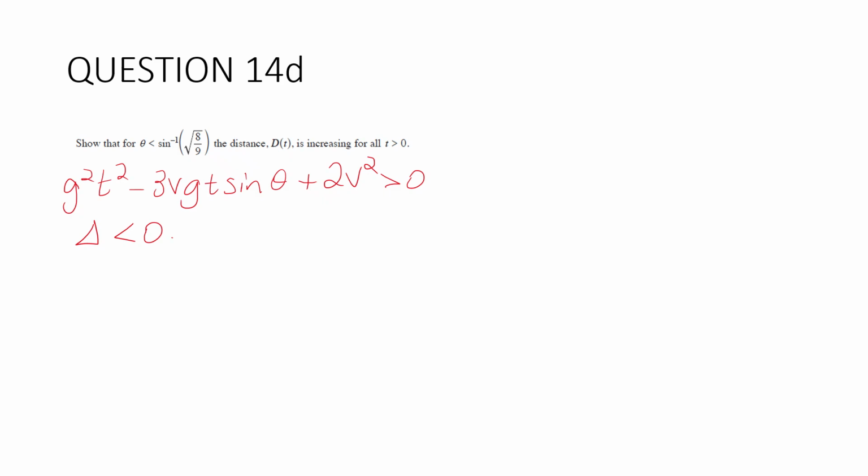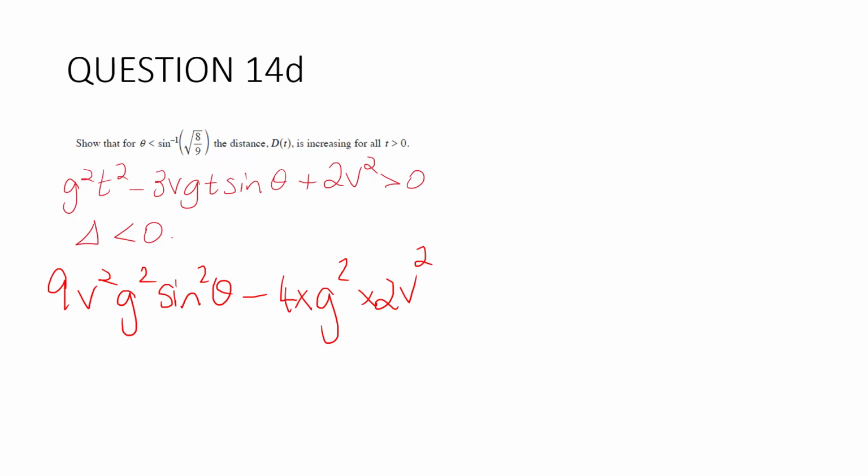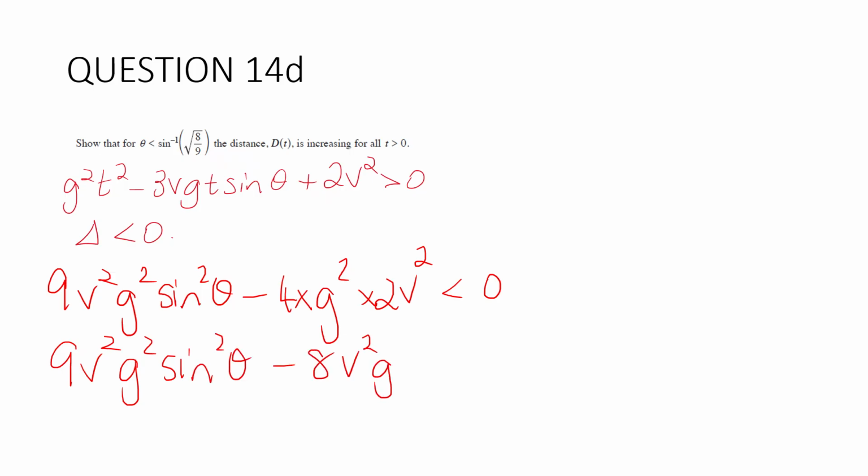And so our discriminant is b squared minus 4ac, which is 9v squared g squared sin squared theta minus 4 times g squared times 2v squared. And we want that to be less than 0. So 9v squared g squared sin squared theta minus 8v squared g squared.